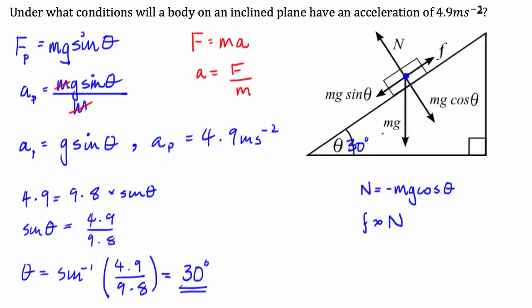Now, this isn't all the question is asking, because it asks under what conditions will it have this acceleration. So the conditions are, let's just make a little bit of room.